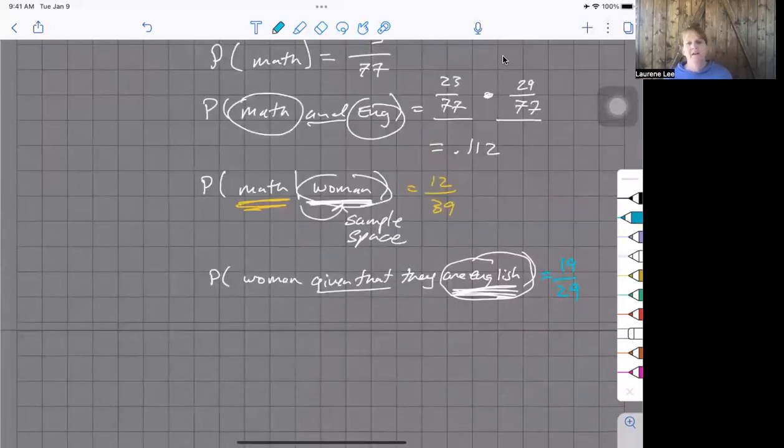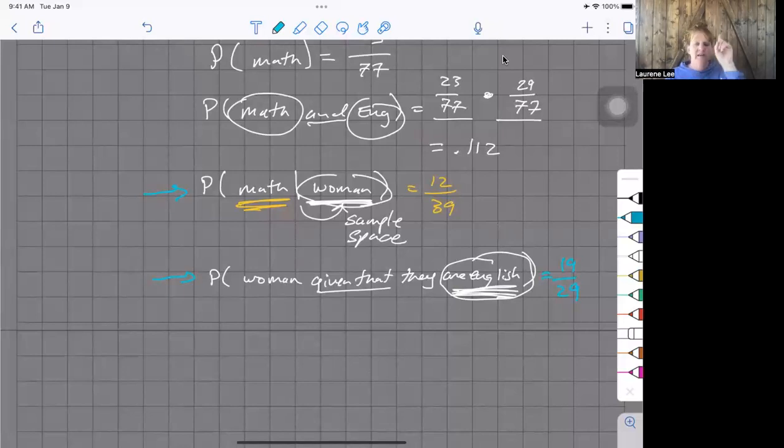Okay. So basically these problems are practicing that dependent part of the and formula and giving you an idea of what this phrase given that means. Ultimately, these are still only one event probabilities. You're not multiplying anything because it's not saying picking a math person and a woman.